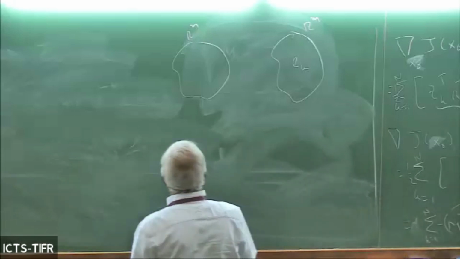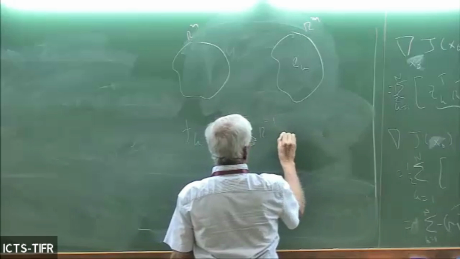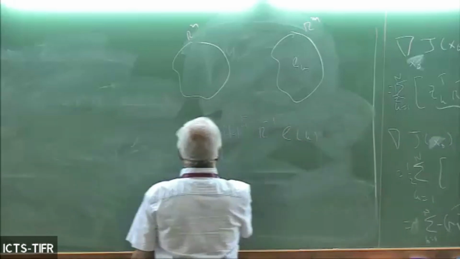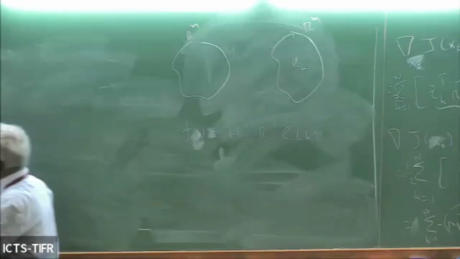So what is f_k? f_k is H transpose R inverse e_k. Sorry, let me put it as f of k. Please understand the notation. I want you to be thoughtful about this. If I have an f, I can put it in the feet, that's called subscript. I can put it in the head, that's called superscript. I can put it in the stomach, that's called the functional notation.